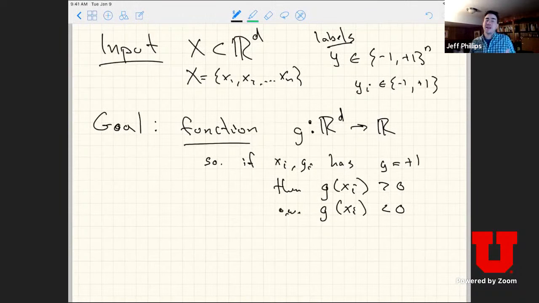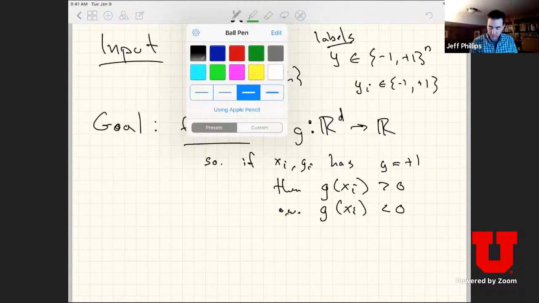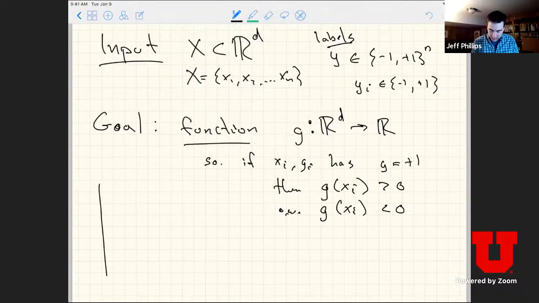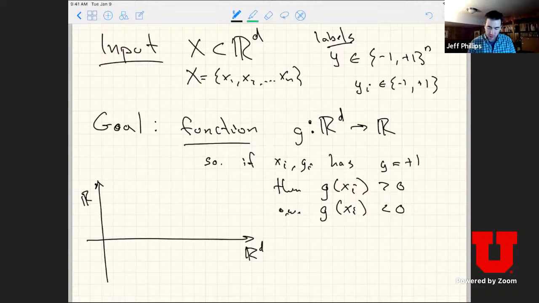That's fine as long as it's negative, right? So think of we've got some sort of domain, right? This is our R^d, but I'm just going to draw one dimension, and this is going to be R, and there's going to be some sort of function, right? So this would be a function g. And we want to say, well, if we have a data point xi, we're going to look at the function value, okay?